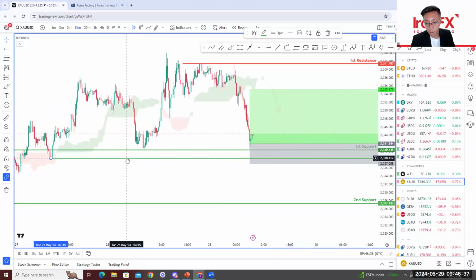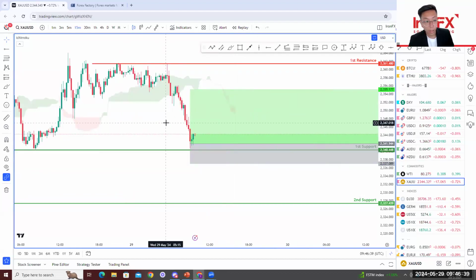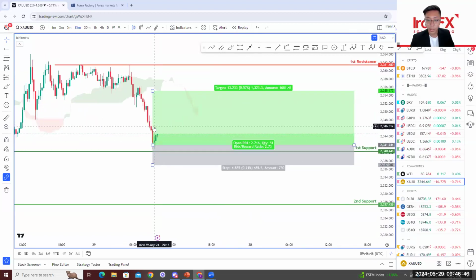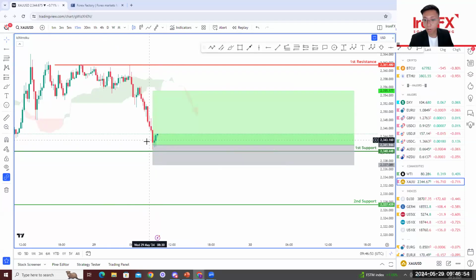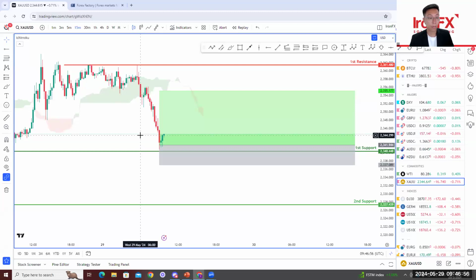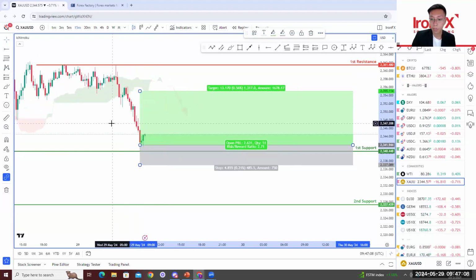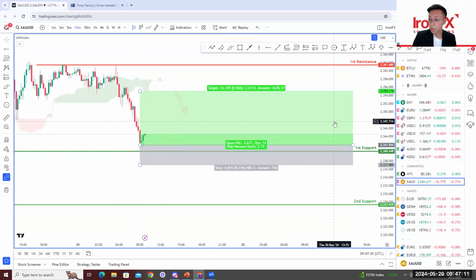This is something that you have to take note of, because I'm sure many times there have been situations whereby price actually came down, took out your stop loss, and then went in the direction that you were aiming for. So give price space to breathe. And for take profit levels, don't put it right where your key levels were, but place it slightly before so that you are able to hit your take profit level before price goes against you.